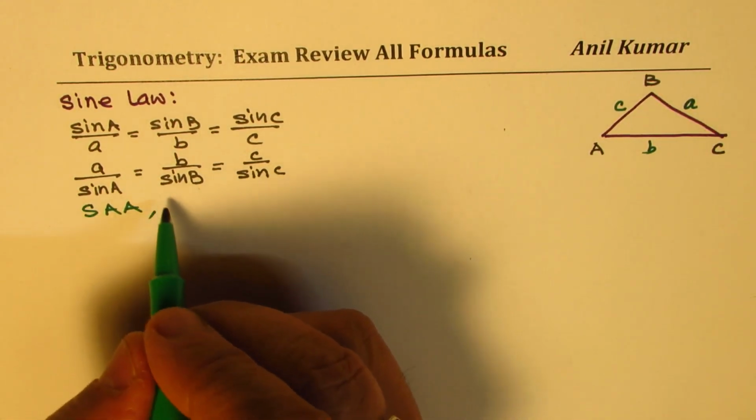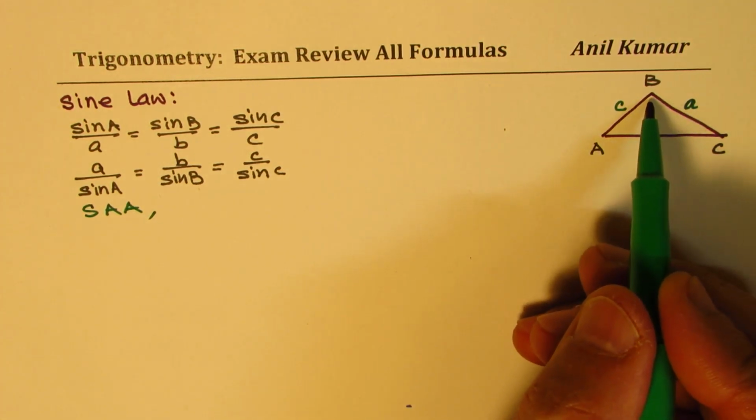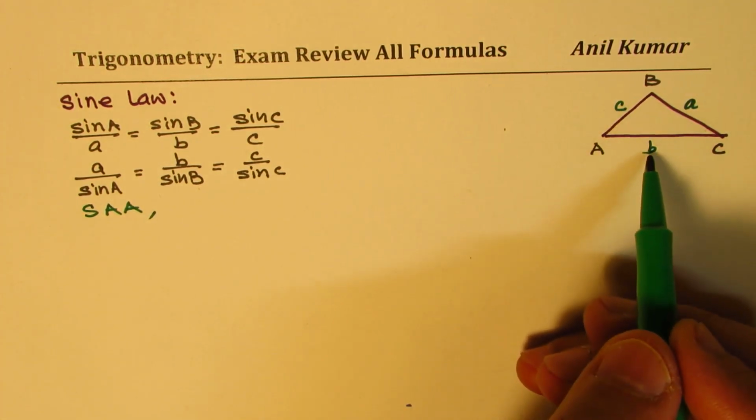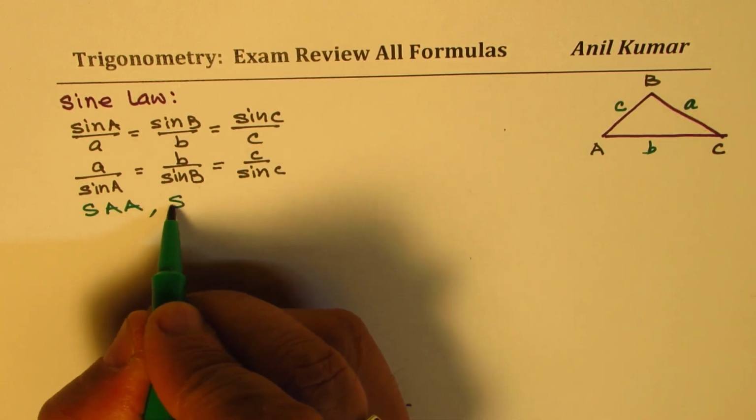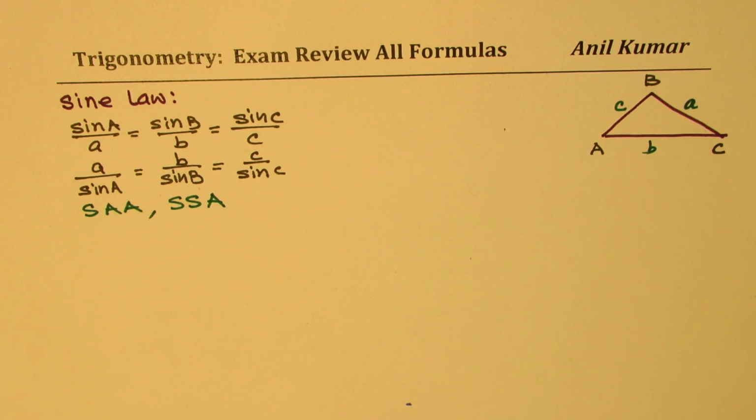Or it could be two sides and the third angle, so if I give you these two sides and the third angle, it can work. So it can work with two sides and an angle, but where the angle is not the included angle. It is some other angle, not the included angle. This is very, very important to understand, correct?